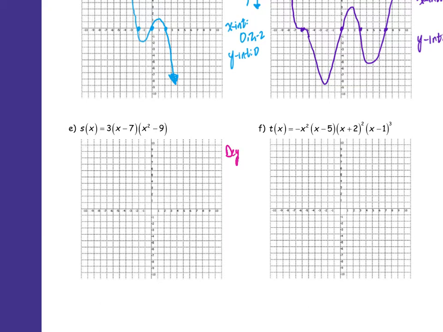Degree is 3. Leading coefficient is 3, so it's going to start low and end high, positive slope. X-intercept is going to be 7, 3, and -3. And my y-intercept is 189. Okay, so 7, 3, and -3.